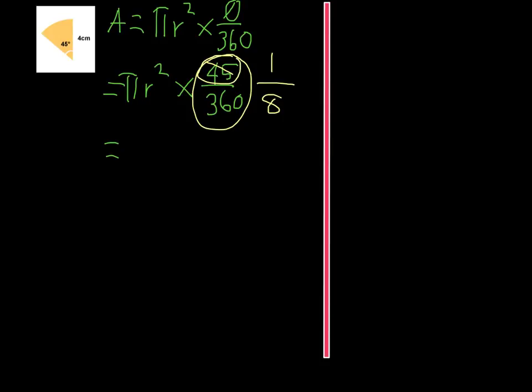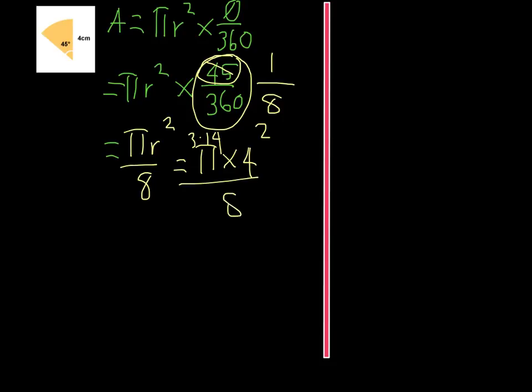But if you didn't see that, you can just use the same theory as we did before and times pi r squared by 45 and then divide it by 360. In this case, I knew that it was an eighth, so I can just do pi r squared, could do times 1 but it'll run the same, divided by 8. So it is going to be pi, 3.14, times the radius squared, all divided by 8.